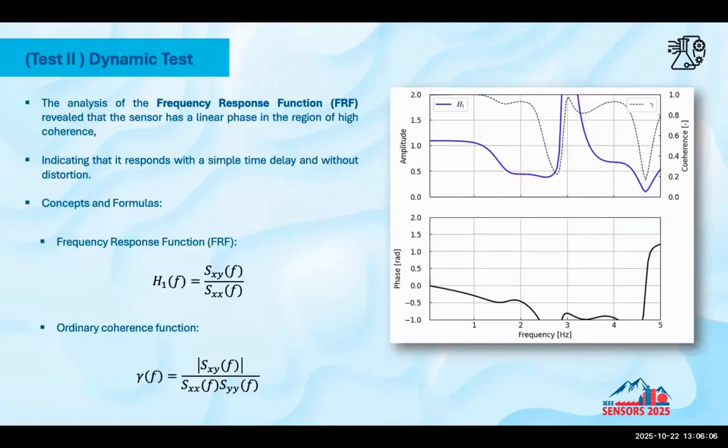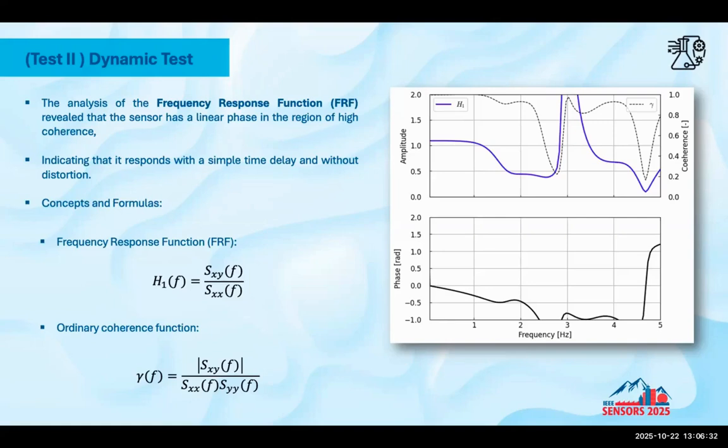The first analysis is to obtain the FRF, the frequency response function. This is the blue line. It's H1, calculated with this equation. The other line is the coherence, which measures the linearity between the input and output of the system.